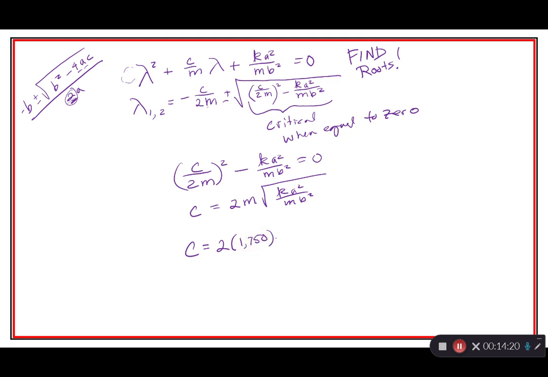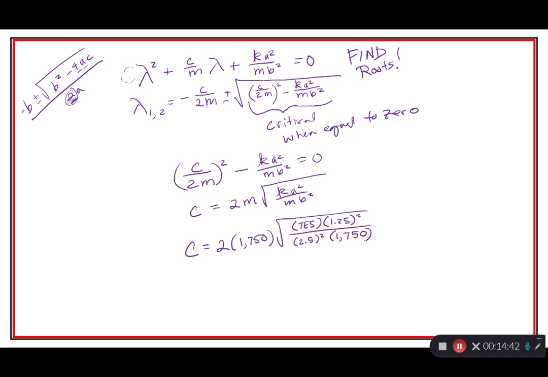1,750 times the square root of 7e5 times 1.25 squared over 2.5 squared and 1,750.